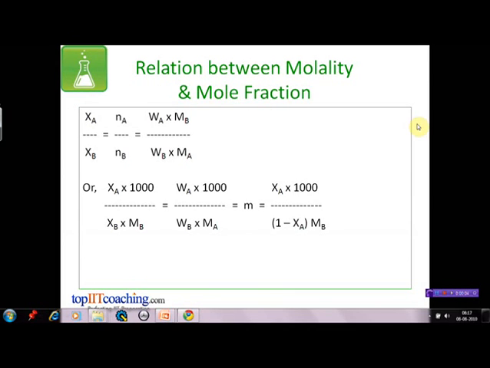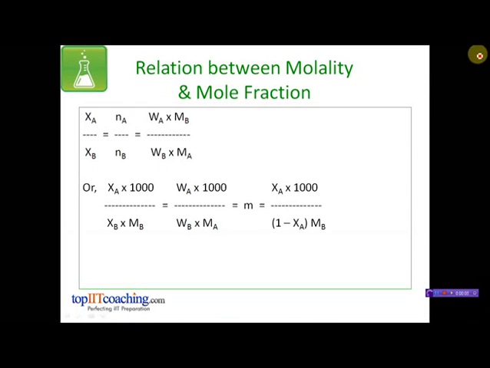We can derive a relation between the molality of the solution and the mole fraction of the solute as well. We assume that a solution is composed of two components, A, which can be the solute, and B as the solvent.